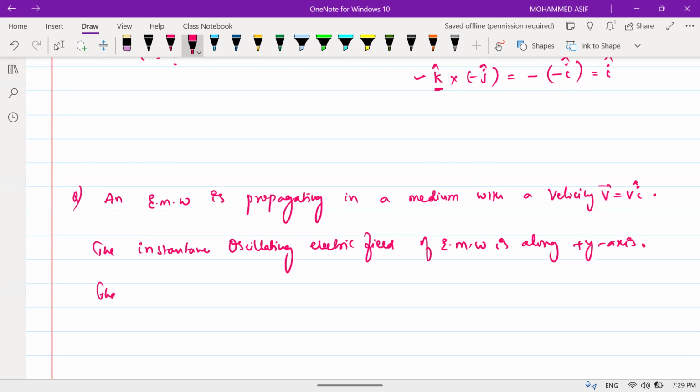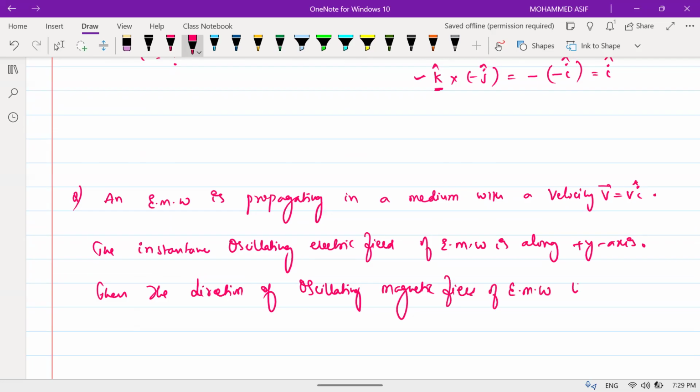Okay. Then the direction of the oscillating magnetic field of the electromagnetic wave will be. Okay. Now read the question once again.